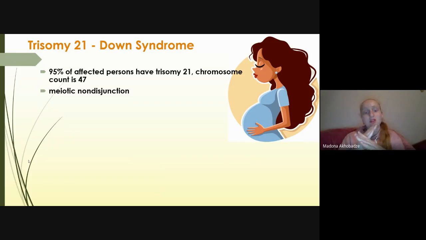They are connected to each other at the centromere, where the kinetochores are, and the spindle fibers attach to the sister chromatids and separate them, and half of them go to one cell and the other half goes to the other cell.